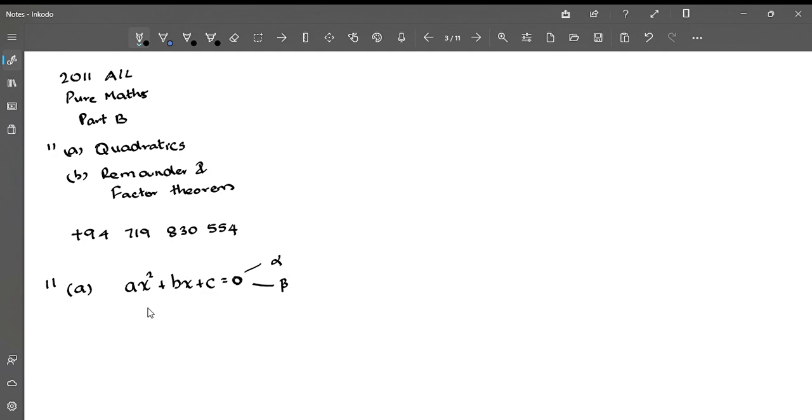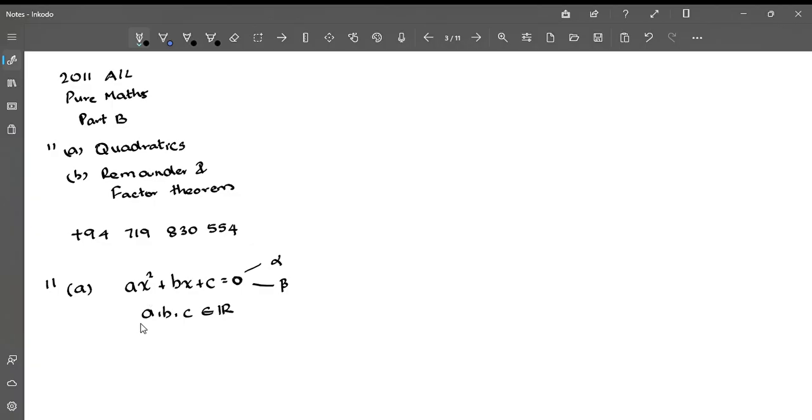They are telling you that a, b and c are real numbers. Show that alpha and beta are both real if and only if b squared minus 4ac is greater than or equal to 0. Roman 2, purely imaginary if and only if b is equal to 0 and ac is greater than 0. Let's see.